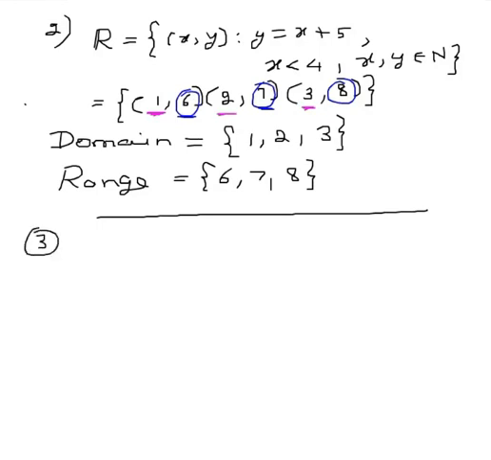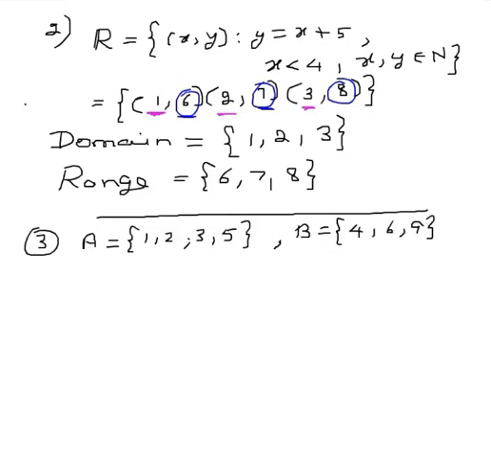Question 3. Set A is given as 1, 2, 3 and 5. Set B is 4, 6 and 9.